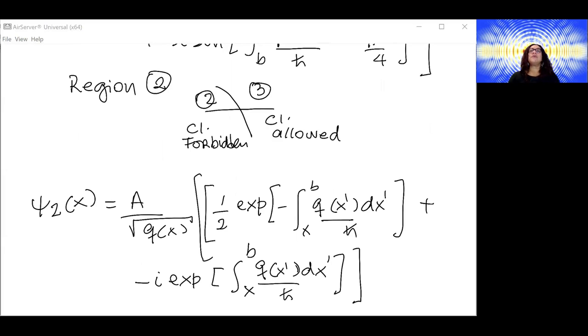Okay, so now we're going to analyze and see which goes with the arrow and which one goes against the arrow. So this one, if you look at the expressions that you have, this goes against the arrow. So let me write against the arrow.